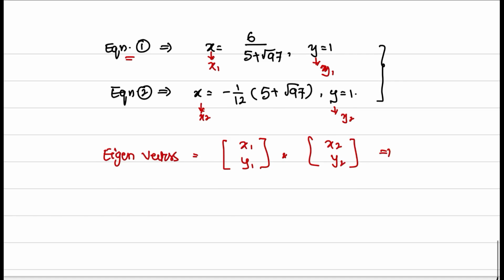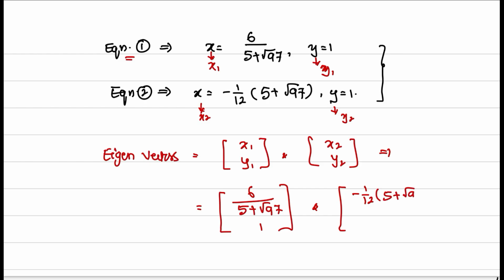This implies, what are the eigenvectors? Eigenvectors are 6 by 5 plus square root of 97 and 1, and the second one is minus 1 by 12 into 5 plus square root of 97 and 1. These are the two eigenvectors.